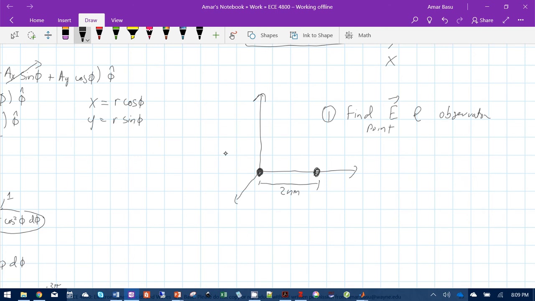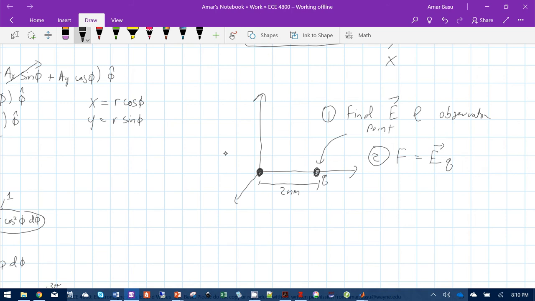What is the observation point? The observation point is here. That's where that second proton exists. The second step, to find the force, is equal to the electric field times the charge here, whatever charge this happens to have.